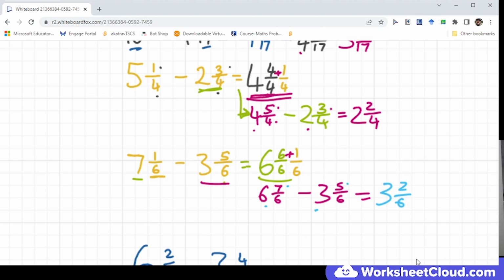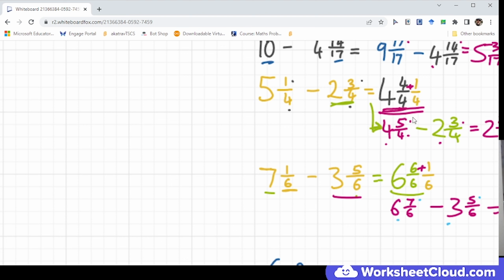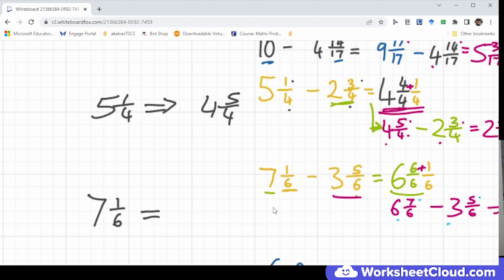I'm going to actually take these out and put them on the side here. All right, so I'm going to say we had 5 1/4, and we made that 4 and 5 over 4. That's what it was. And down here, we had 7 1/6, and we made that into 6 and 7 over 6.